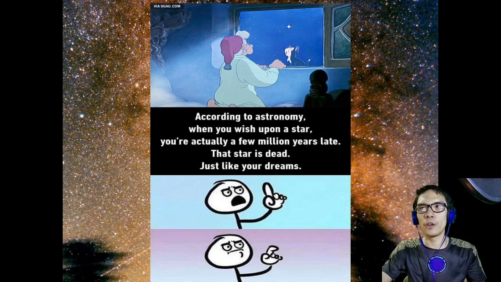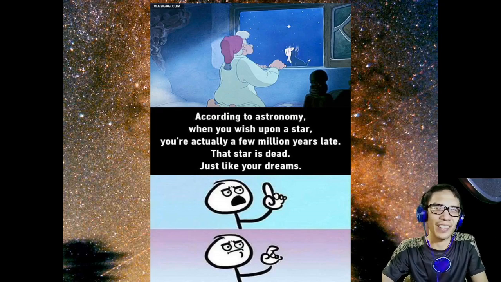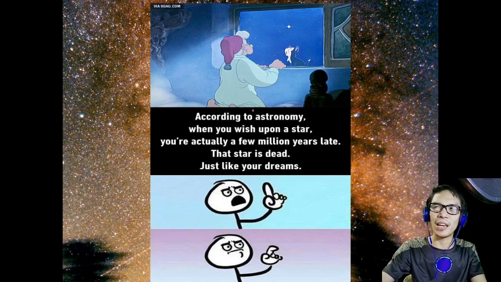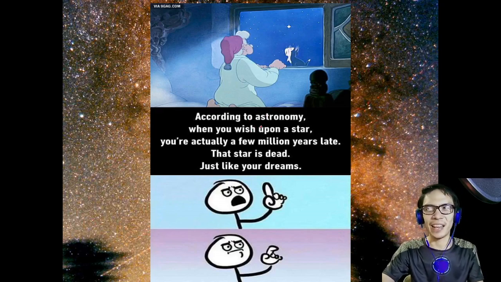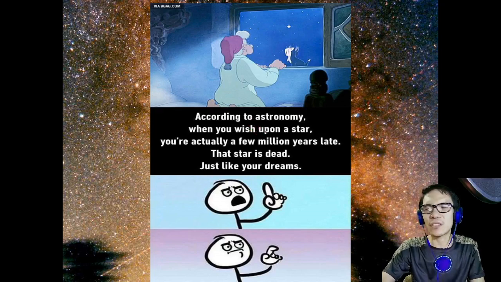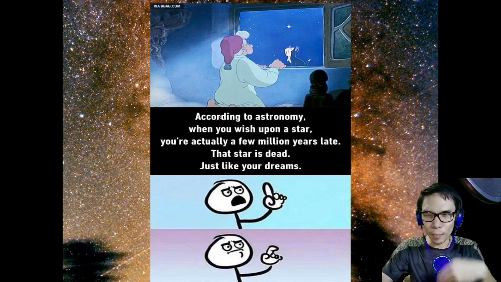So be careful when you wish on a star, because who knows if the star is already dead, because light travels at 3 times 10 raised to 8 meters per second. Probably before the light reaches you, the star is already dead, because the speed of light is not that fast to reach our place.